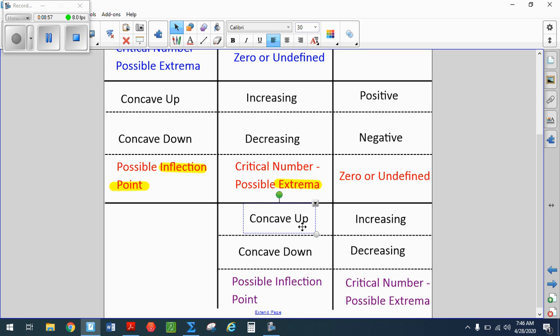So if I switch from concave up to concave down, the second derivative is going to go from increasing to decreasing, which would be a relative max.